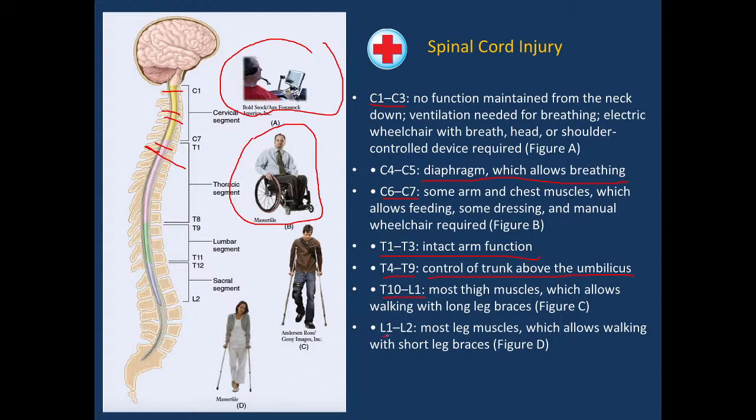And damage lower than the 10th thoracic segment even gives a chance for people to walk with long leg braces, like here, or sometimes like here. So now you see why the level of damage of the spinal cord is so important.